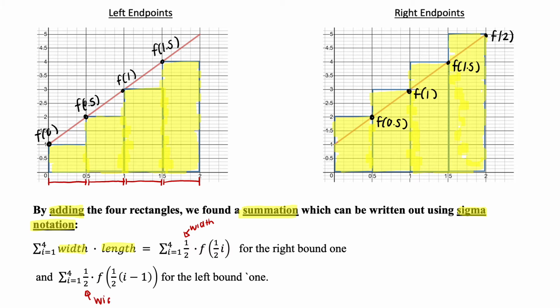So our width is the same, but it's going to be different for whether we are using our right endpoints or our left endpoints. So if we're using our right endpoints, then we need to account for 1/2 i.